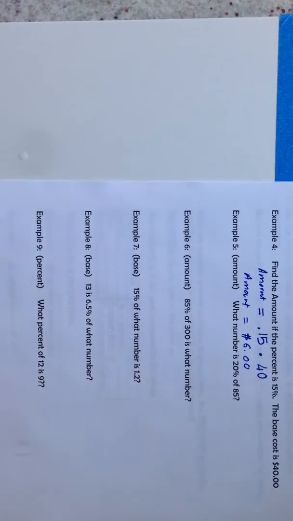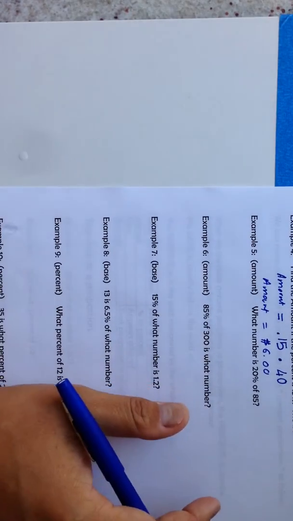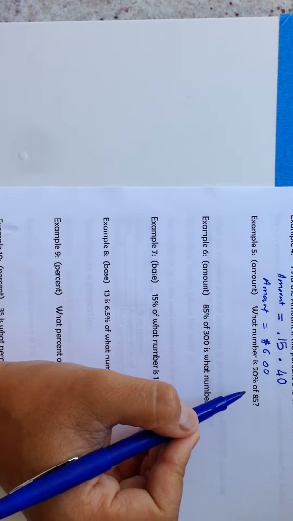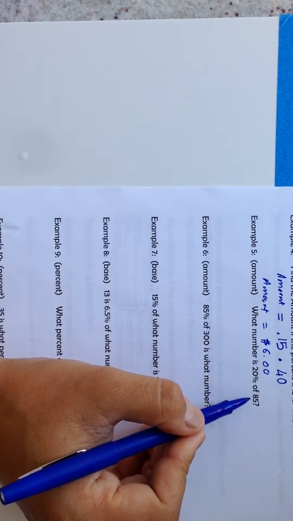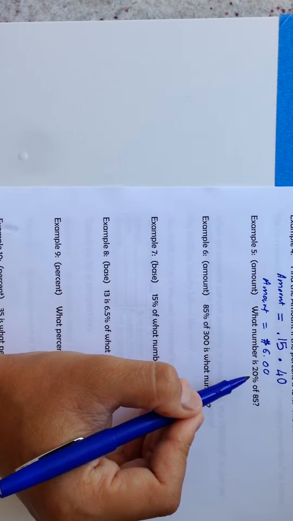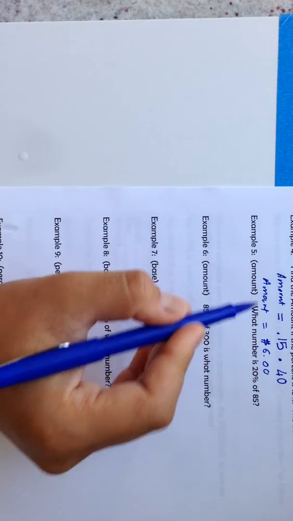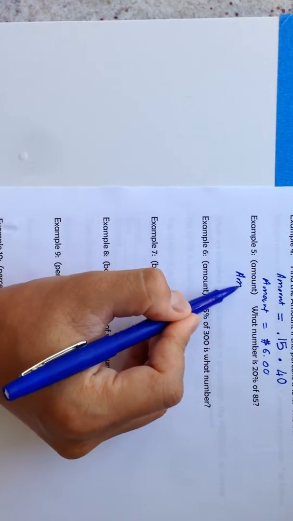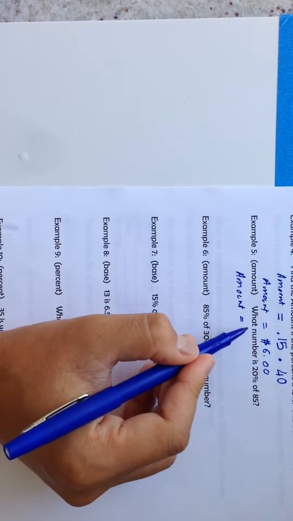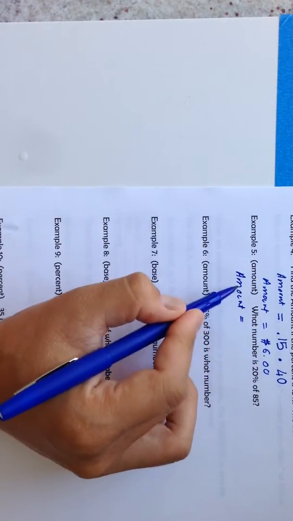You went to a clothing store and purchased $85 worth of clothing, but you have a 20% coupon. How much did you save? Amount equals percent. What number is the amount?